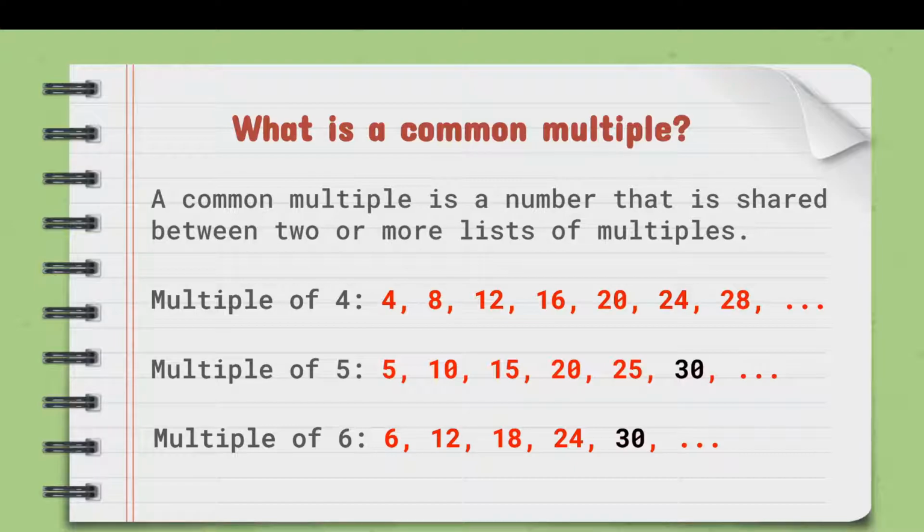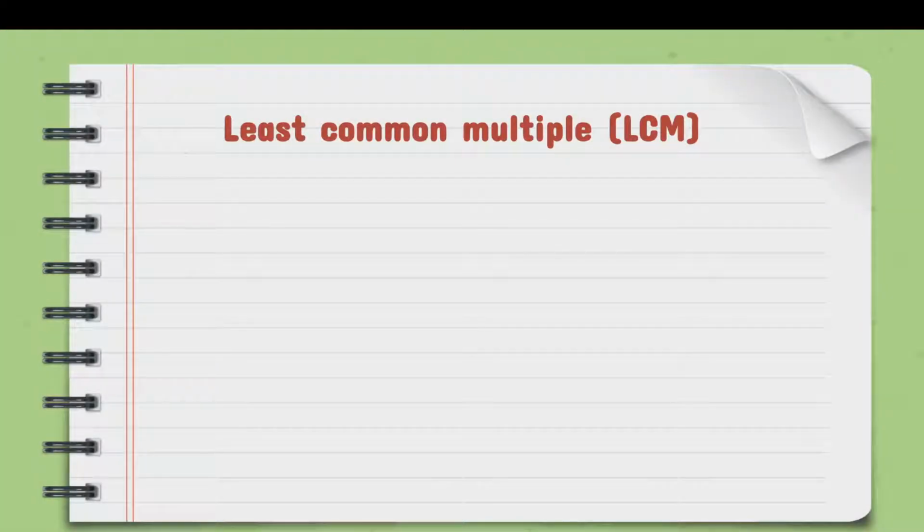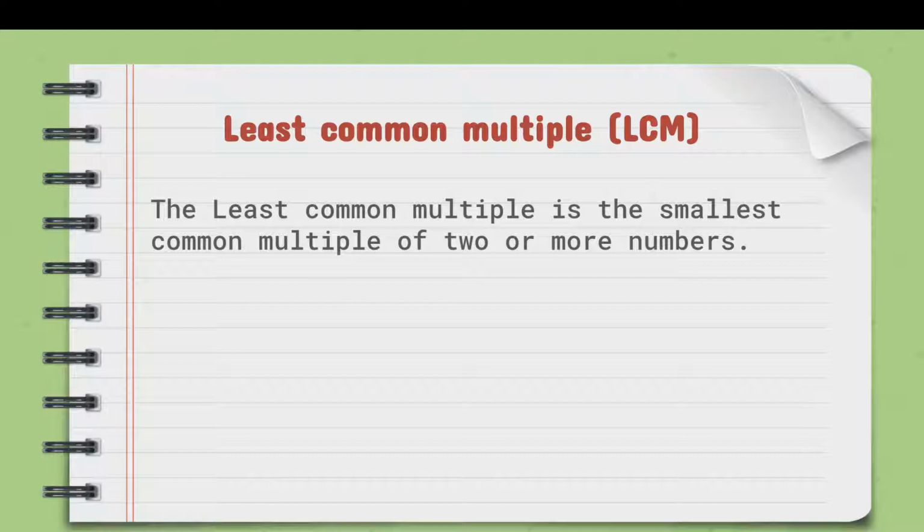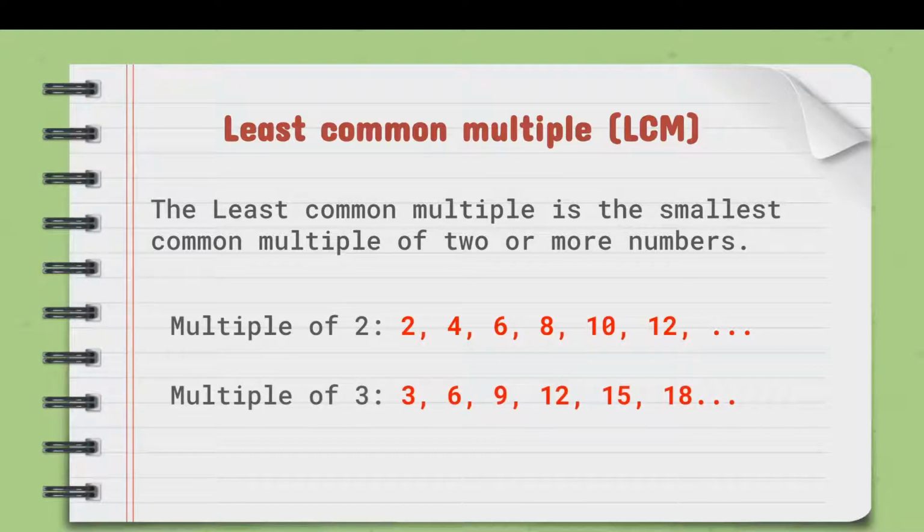Now it is time to learn about the least common multiple. I prefer to call this an LCM in abbreviation because it is much easier to pronounce and write in this way. So by definition, the LCM is the smallest common multiple of two or more numbers. Consider finding the LCM of 2 and 3.